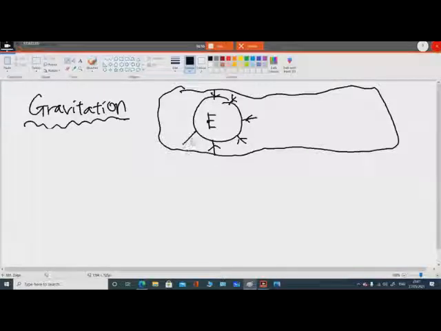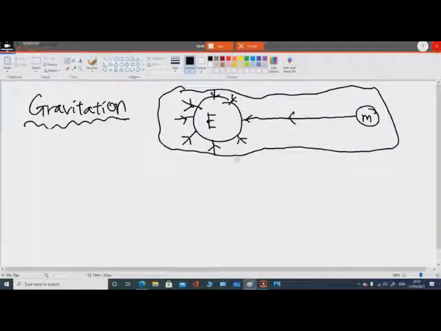Let's say an object with mass m is about to be attracted towards the center of the Earth due to the gravitational field.